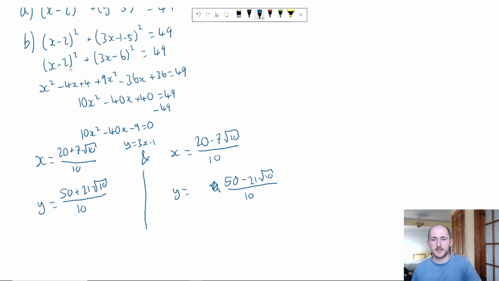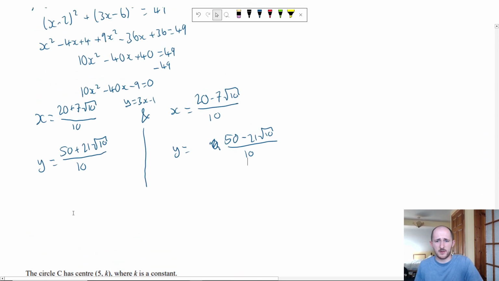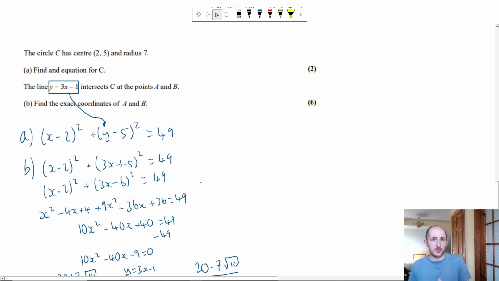So our two coordinates for A and B, it doesn't really matter which way around we put them, because they haven't actually given us any kind of indication as to what A and B are, as in, is A a lower x value, is B a higher x value. So in this particular case, we can't say which one's A and which one's B with 100% certainty. In some cases, they will make it obvious.